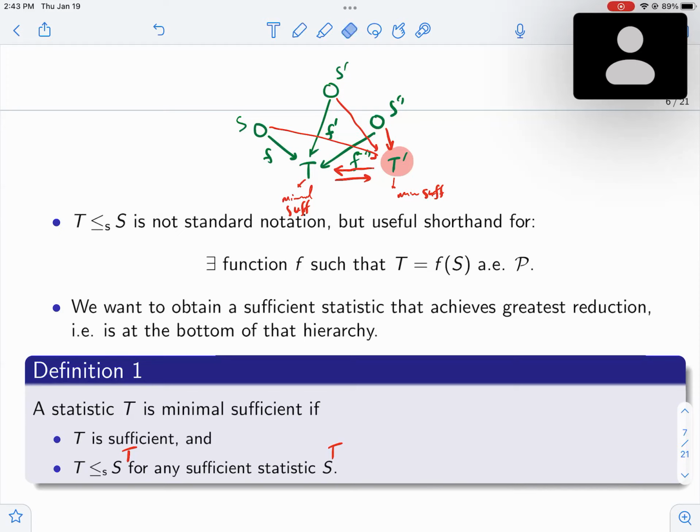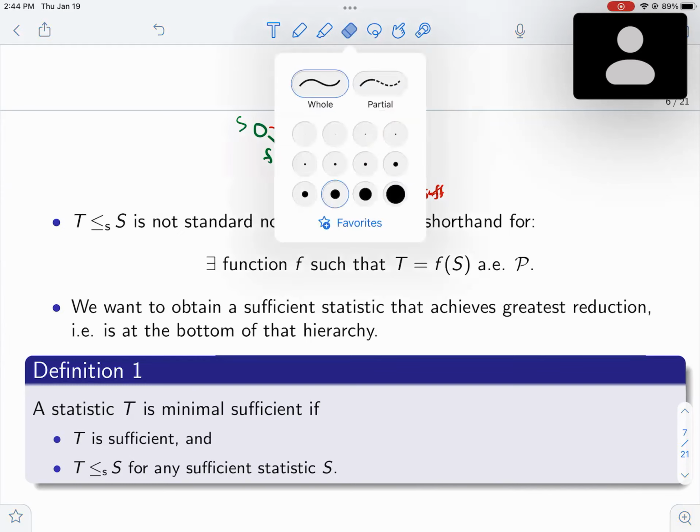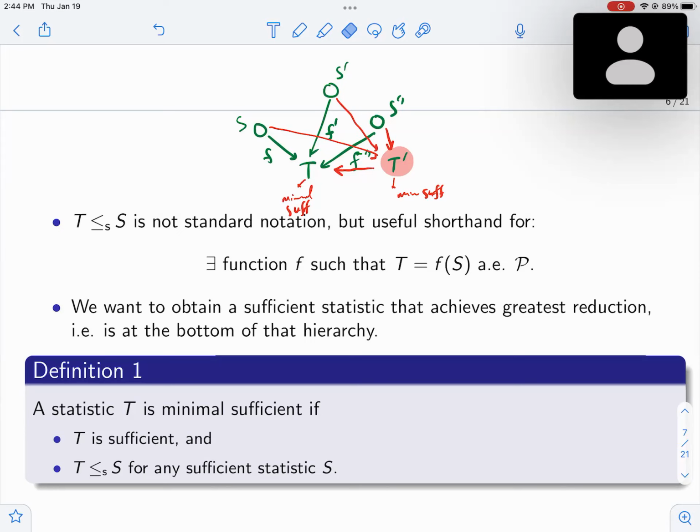What I'm saying is if there are two minimal sufficient statistics, by this definition, there should be a bijection between them: you can write one as a function of the other and vice versa because of these two properties. That's a minor point. We don't have to worry too much about this. That's the definition. Okay, the definition is good.